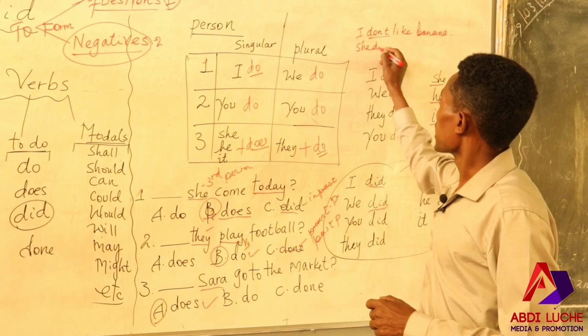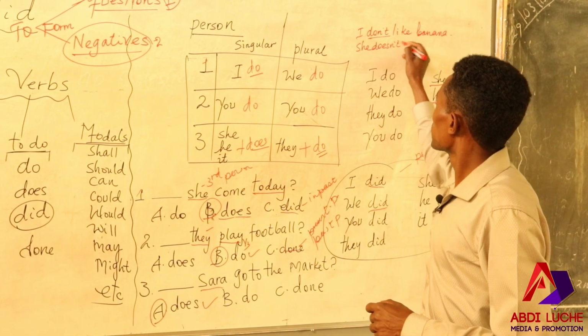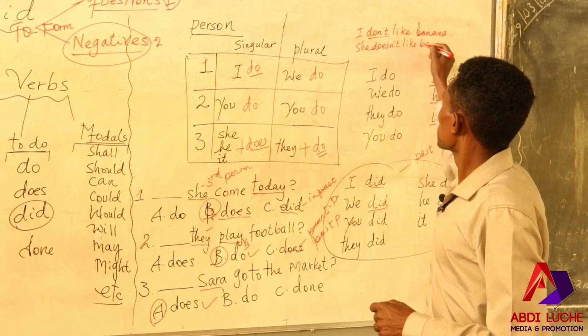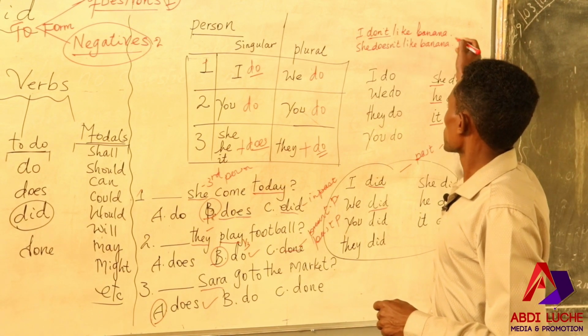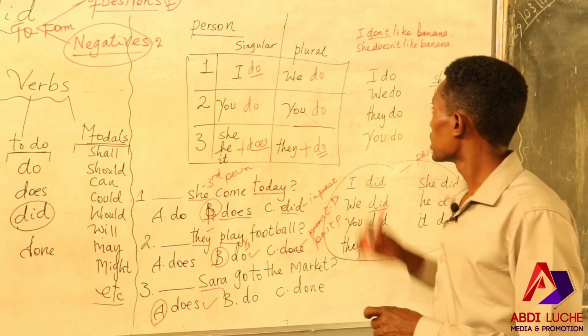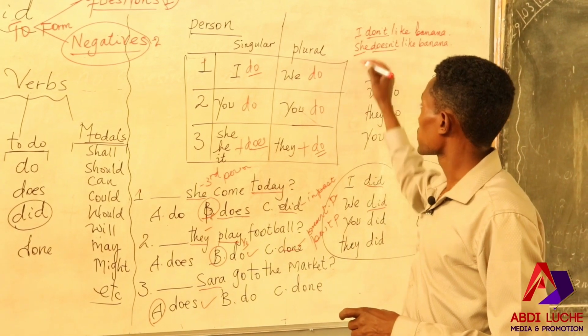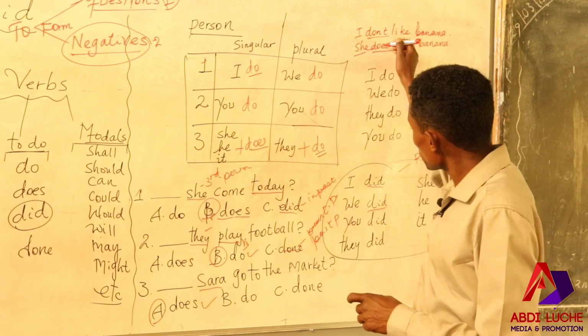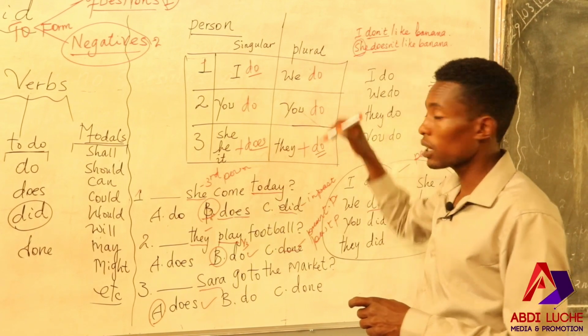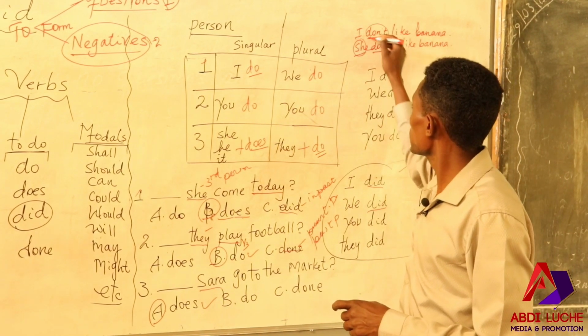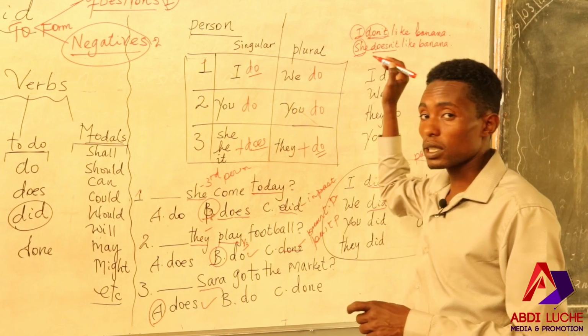She doesn't like banana. Here, doesn't is the negative form. We have the subject she. Why do we use does here? Because of the subject. Why do we use do here? Because of the subject.